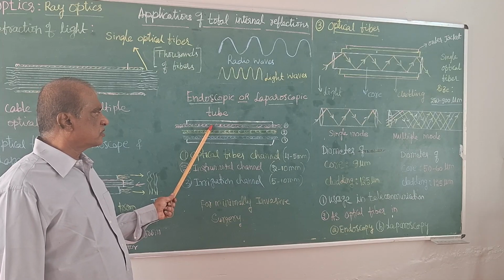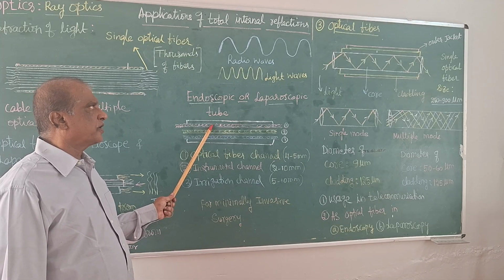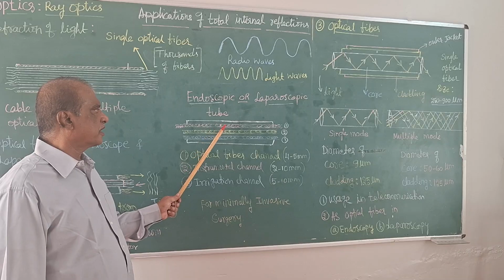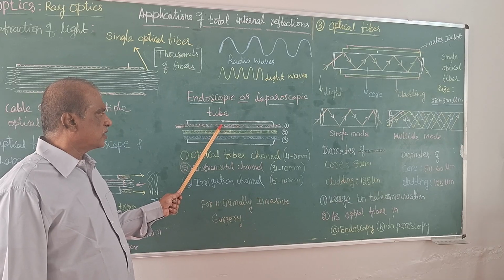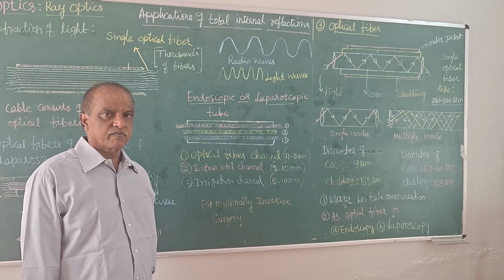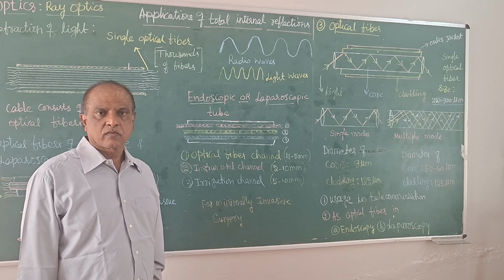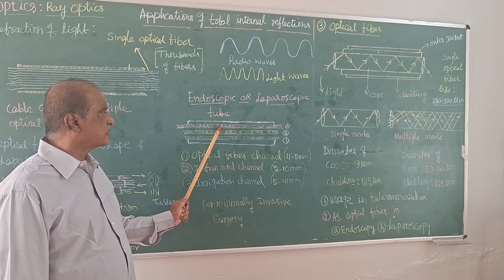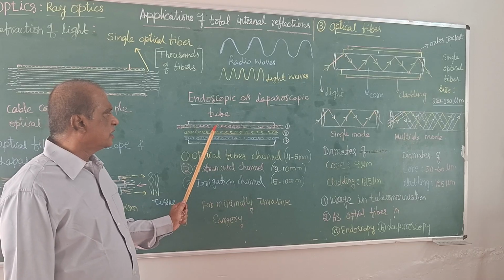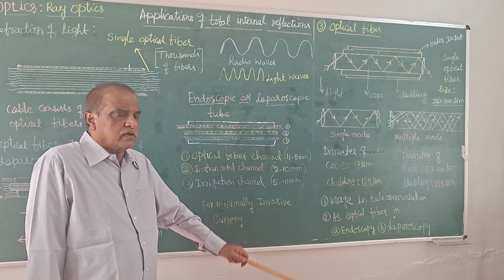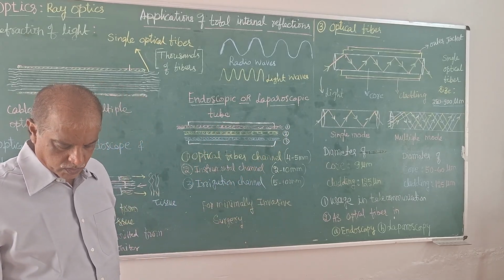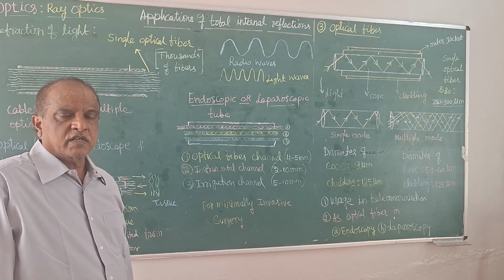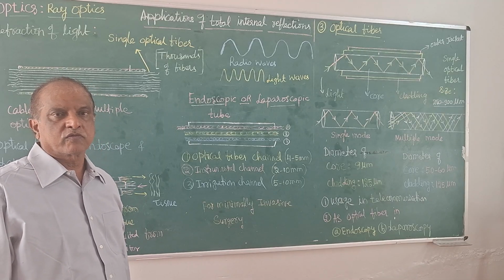It contains, of course, thousands of optical fibers in the cable. This is of smaller size, millimeter size. Very high intensity of light is sent to the site of surgery, and that site of surgery is illuminated with the light.